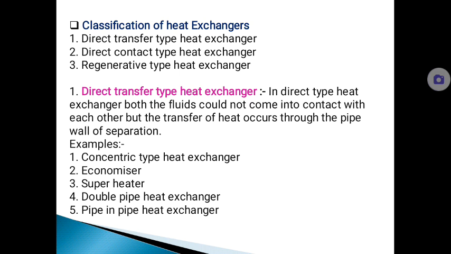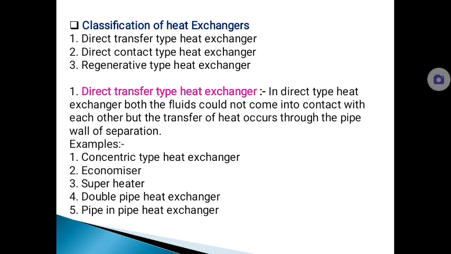Here both the fluids are not in direct contact with each other, but heat transfer takes place through the pipe wall of separation. It means that there is a solid portion in that heat exchanger, which transfers heat between the two fluids present at either side of the separation wall.